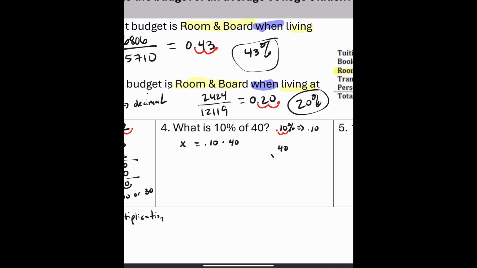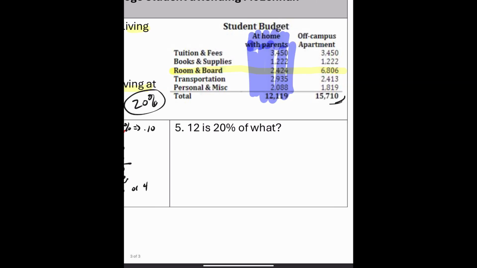So 40 times 0.10. So 0 times 0 is 0. 0 times 4 is 0. Moving on to the 1, we need to write a 0 here before we do anything. So 1 times 0 is 0, and then 1 times 4 is 4, okay? 2 digits after the decimal, so 1, 2, we have 4.00 or just 4. So x equals 4.